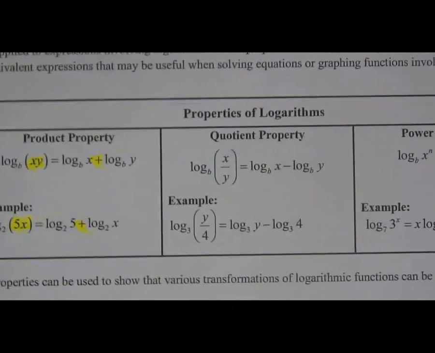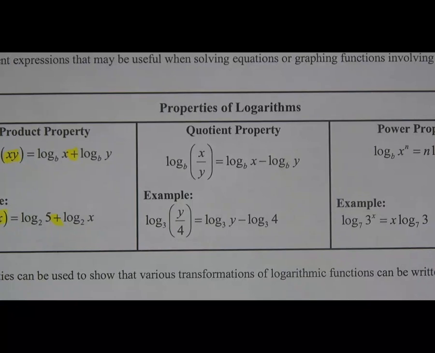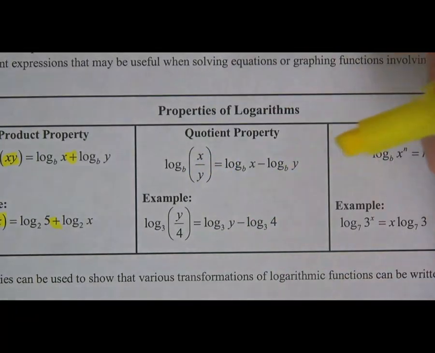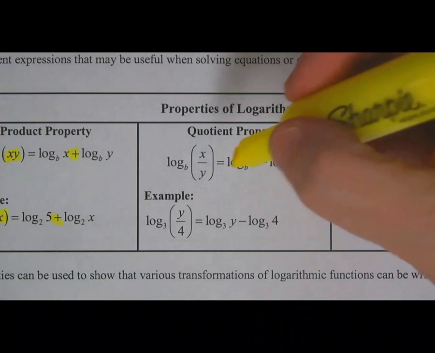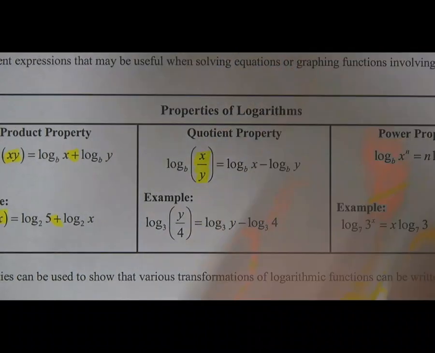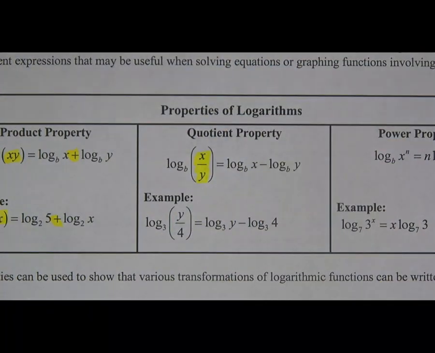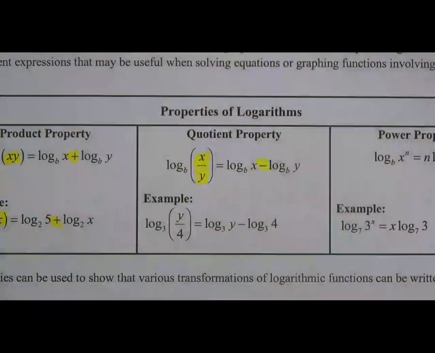This same thing applies to division and subtraction. Those kind of naturally go together in math, division and subtraction. If you have a log of a quotient or a fraction or two things that are being divided, one thing dividing the other, then you can expand that out into two logarithms with subtraction. And here's an example.